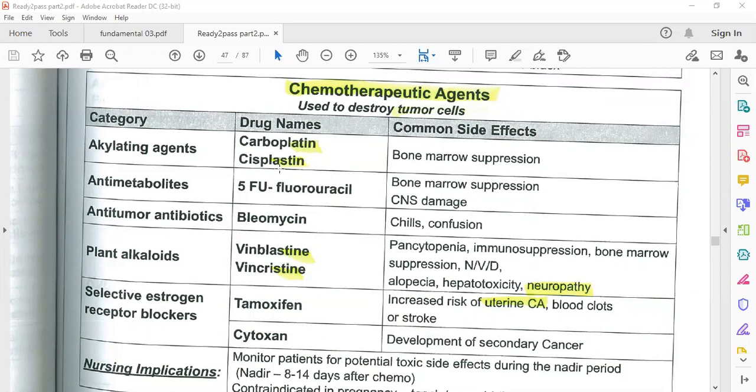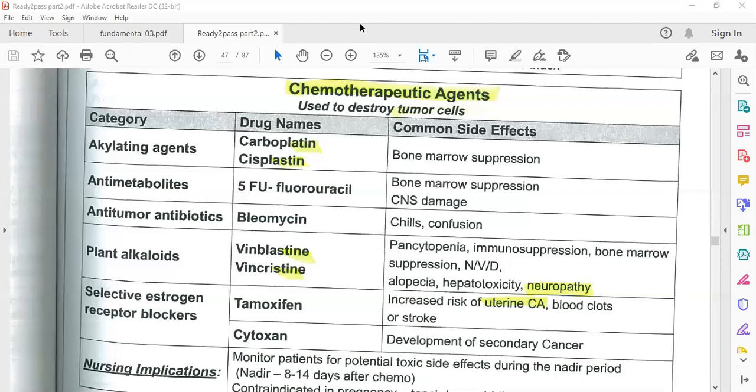Cisplatin may cause tinnitus or blurring of vision, or electrolyte imbalance. If you ask me what kind of electrolyte imbalance occurs because of cisplatin, they can cause hypokalemia, hypocalcemia, hypomagnesemia, or hypophosphatemia.